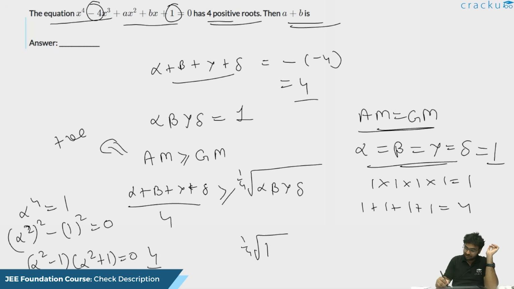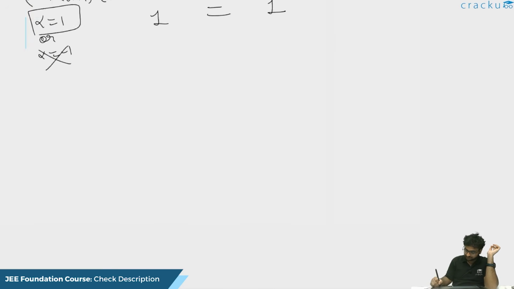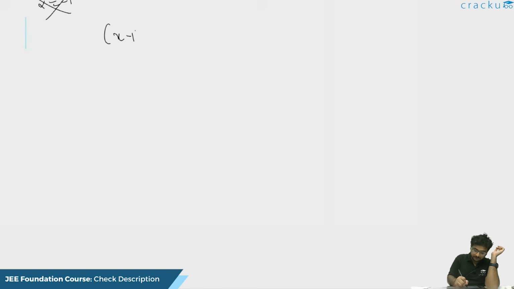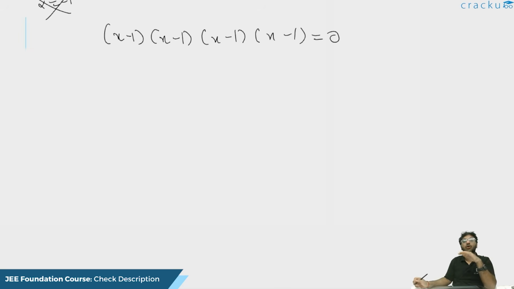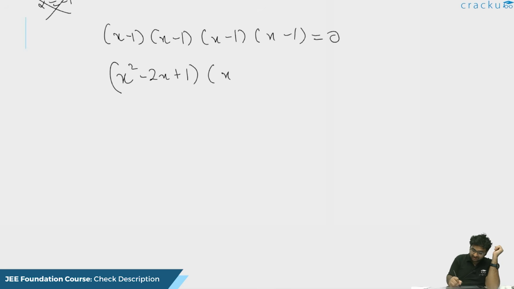Now, the equation would be x minus 1 into x minus 1 into x minus 1 into x minus 1 equal to 0, as all the 4 roots are 1. We know x minus 1 whole square is x square minus 2x plus 1. So I multiply both of these: x square minus 2x plus 1 by x square minus 2x plus 1 equal to 0.